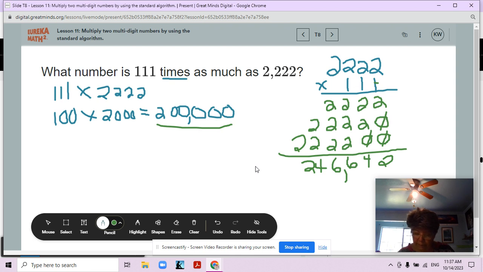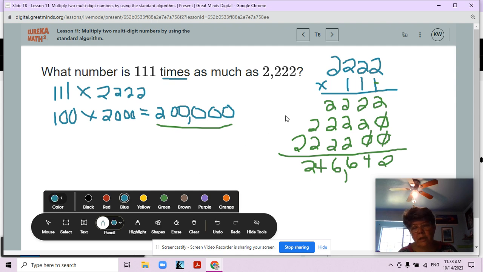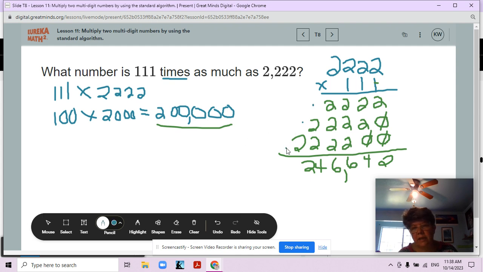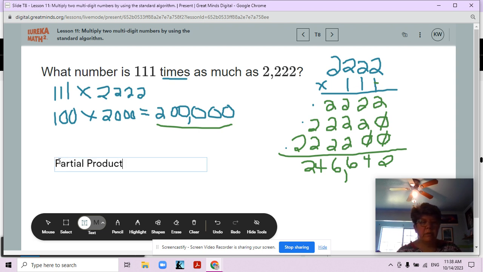Okay, very good. Now let's think about the parts of the standard algorithm that we just worked on. We have 3 levels here, and each of those levels is called a partial product. And we have been working on this word quite a bit. It is a word that you do need to know. Partial means part, right? You see the word part right there, P-A-R-T. Okay, part of the product, and product is the answer of a multiplication problem, right?